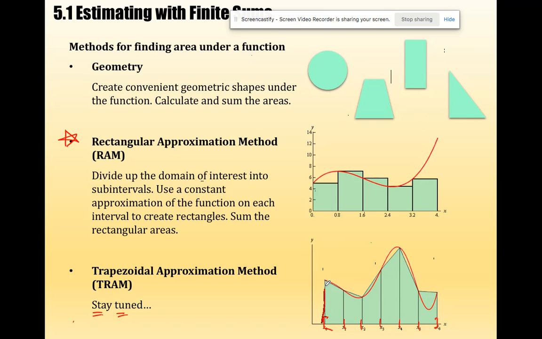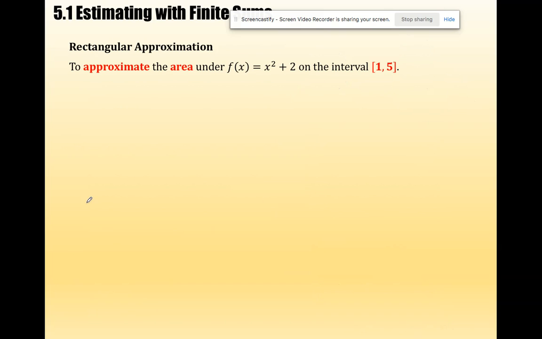You go up to the function for the 2 heights of your trapezoid and pretend your function is linear instead of pretending your function is constant over the interval. So stay tuned, that is coming. But even after you learn the trapezoidal approximation method, still the rectangular approximation method is tested more often and is used most often, but you do have to know the trapezoidal one.